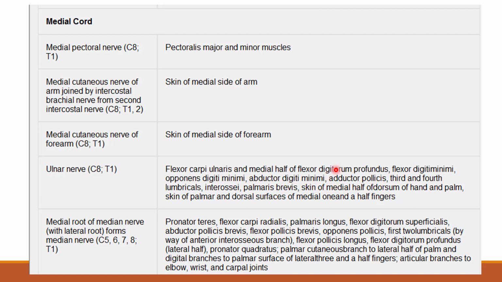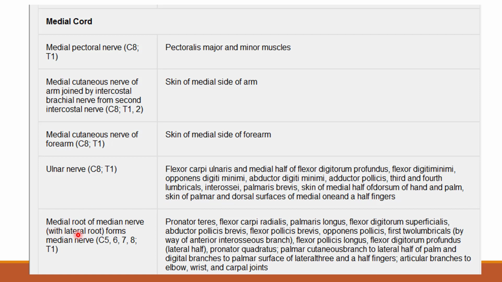Adductor pollicis is one of the muscles of the thenar side, and then the third and the fourth lumbrical, they are present on the hypothenar side, and all interossei, the dorsal interossei and the palmar interossei, they are supplied by the ulnar nerve, and the palmaris brevis muscle. Okay, so these are the muscles of the hand. This is also supplied by the ulnar nerve, and many areas of the skin.